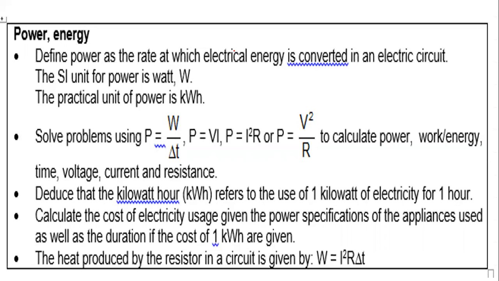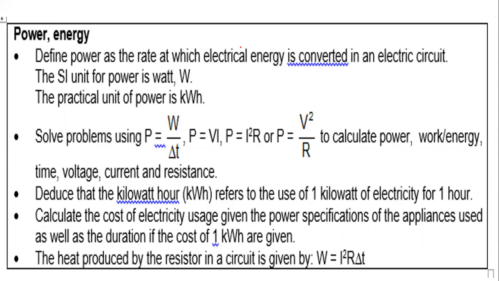And then we must know the SI unit for power, and we know that power is measured in watts. And we know the symbol that we use for watts, it's a capital letter W. Right.